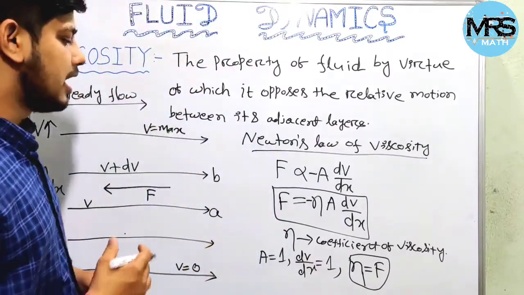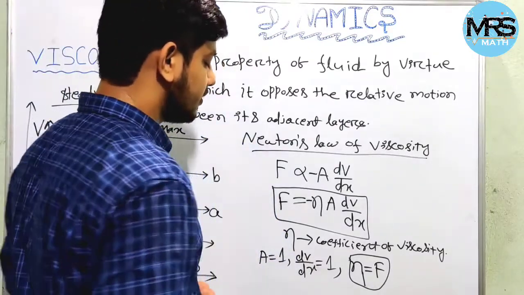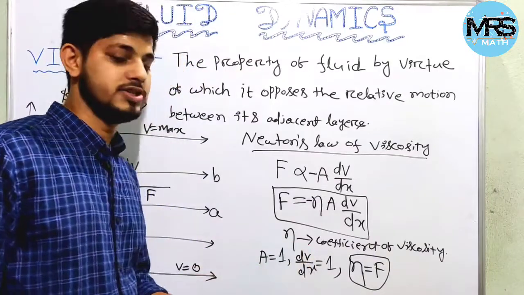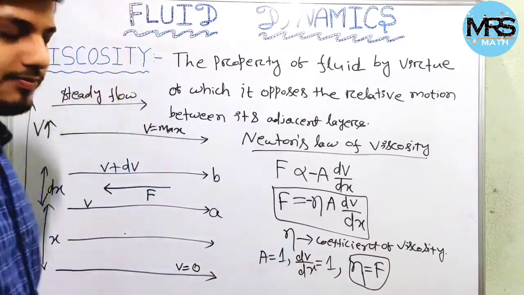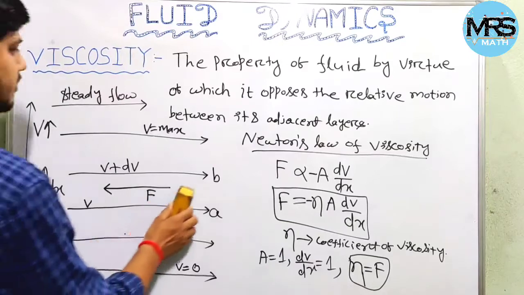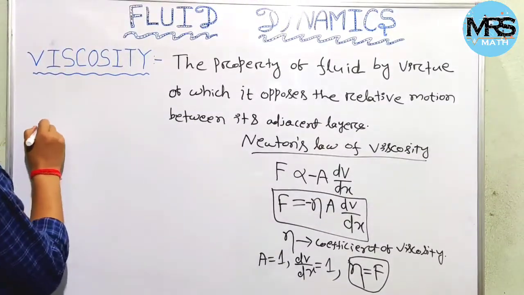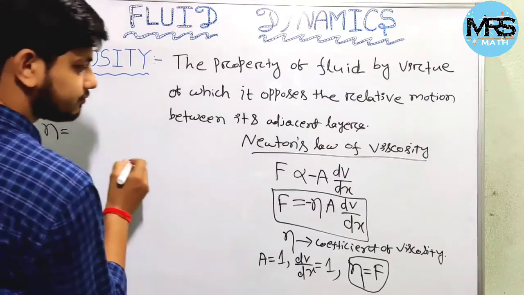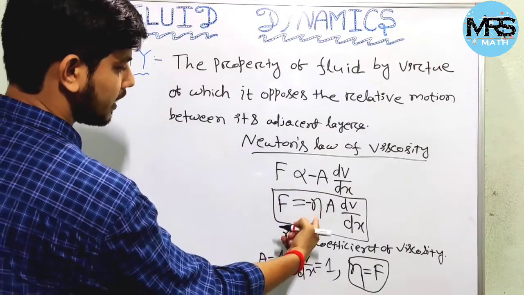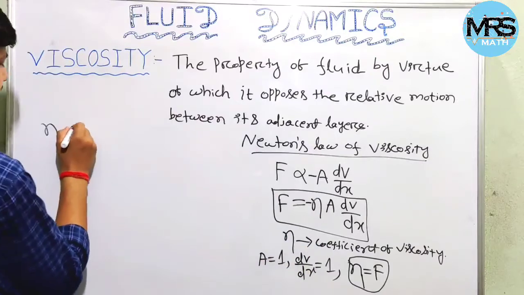Now we will discuss the unit and the dimension of this coefficient of viscosity. So our eta will be F dx by A dv.